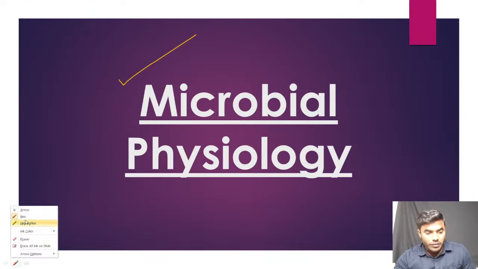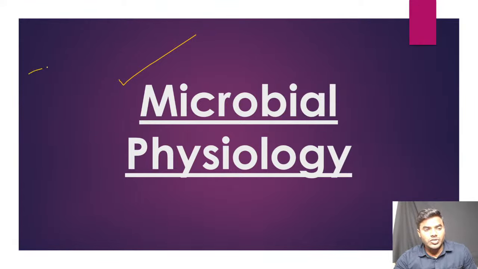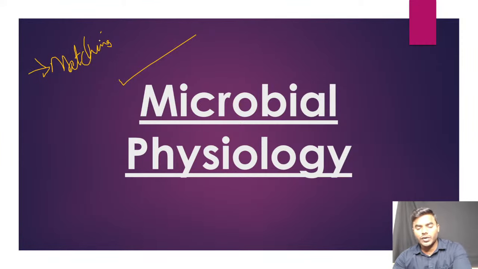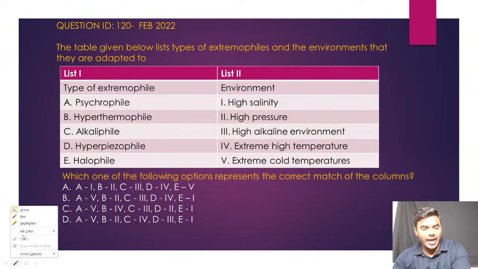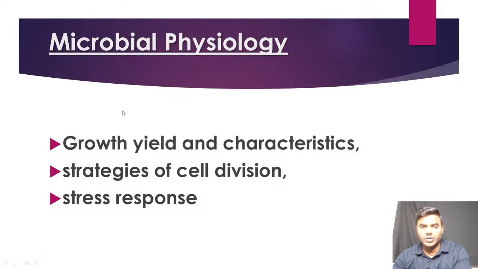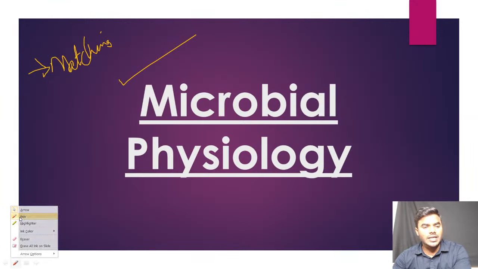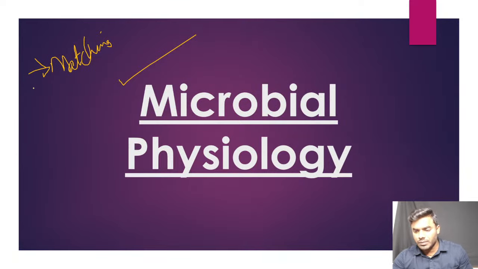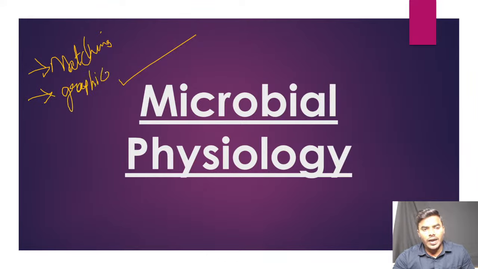Here you can get questions in the form of matching. If we look at the 2022 February paper, which happened recently, 5 months ago, we got this kind of question, a matching question. But all the time we don't get matching questions. We get graphical questions. We can get experimental questions.